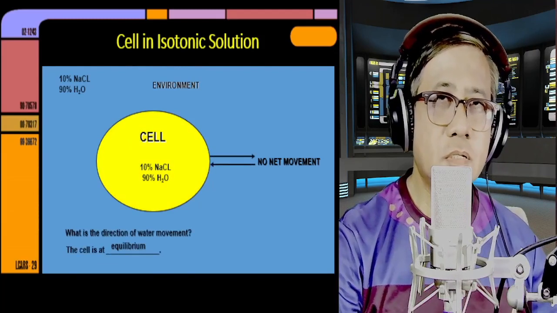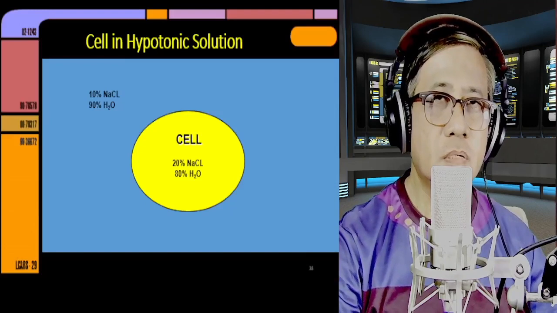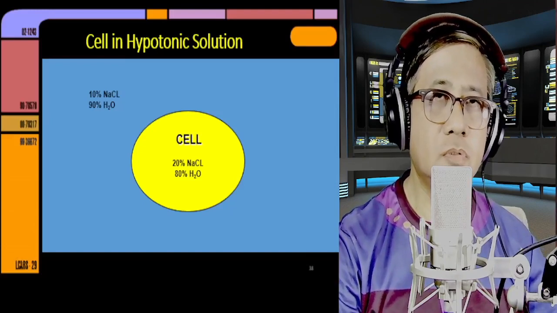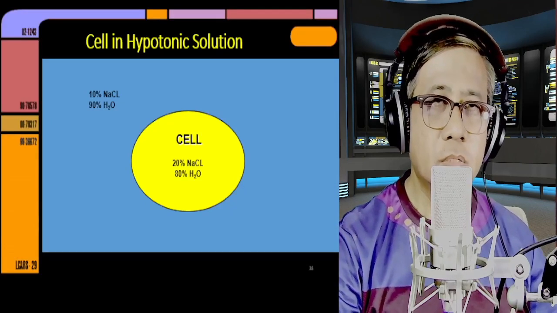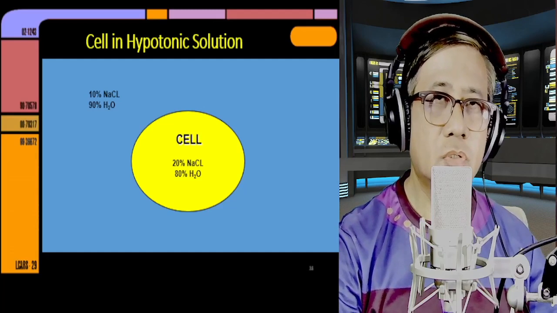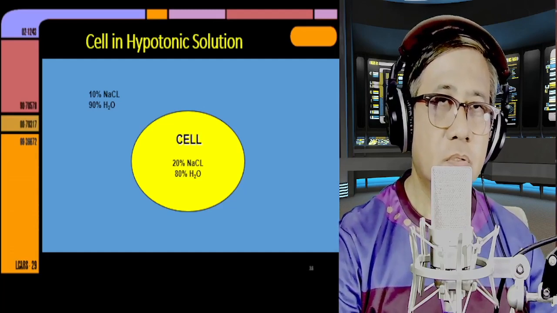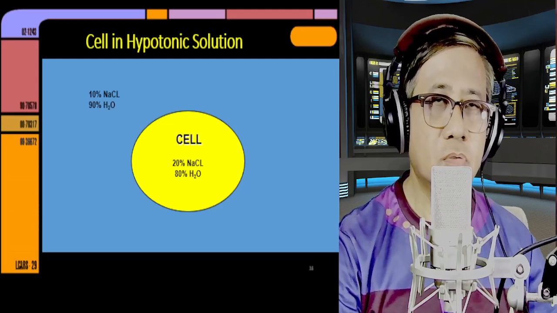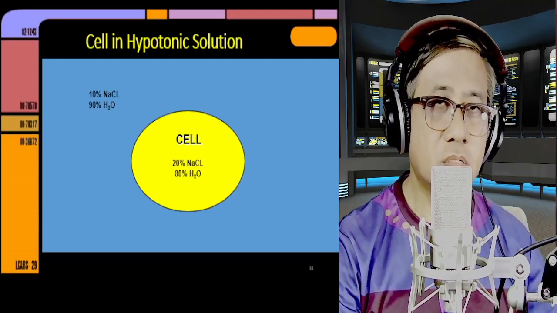Now let's consider the next case. Now the cell here is immersed in a hypotonic solution. Now what do we mean by a hypotonic solution? Now hypo means less. So if you will take a look at the percentage of solute and solvent outside the cell, there is here 10% salt and 90% water. Compare that to the amount of solute and solvent inside the cell.